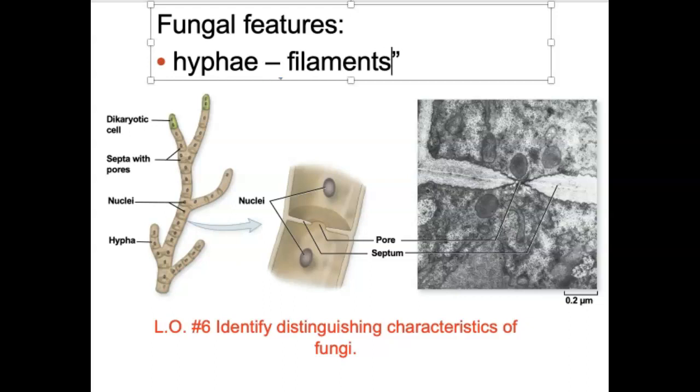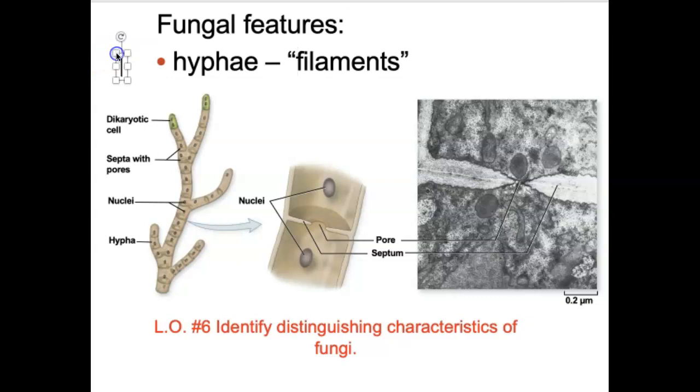I'm going to put this in quotes. Hyphae are these tiny little filaments that extend out from the fungal body, and they secrete the enzymes and absorb the nutrients. But that's really a big, important fungal feature: we look for fungus, we look for hyphae.